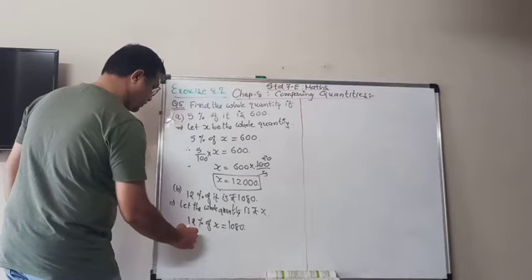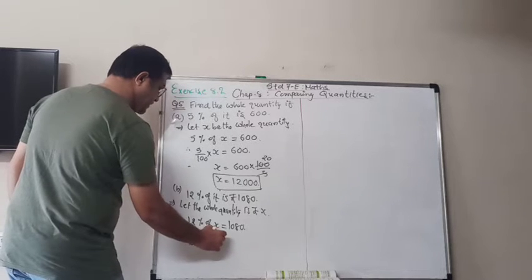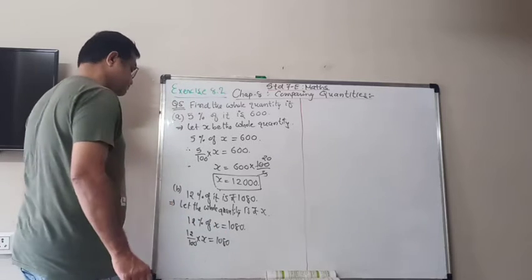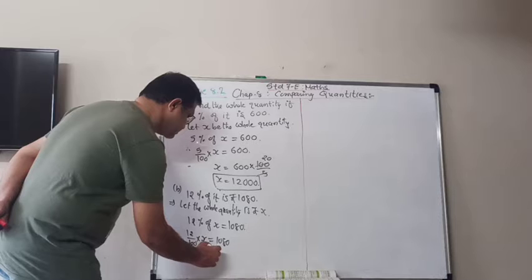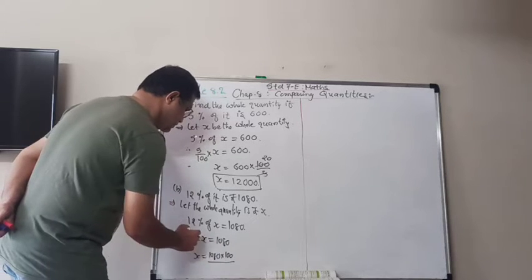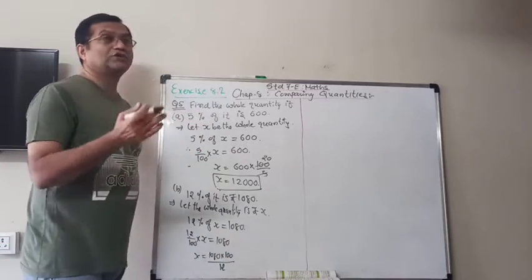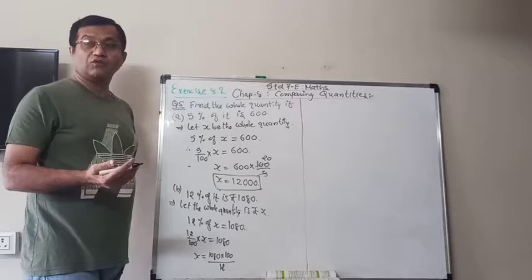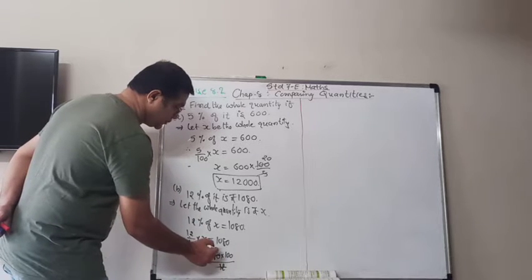So 12 upon 100 multiplied by X is equal to 1080. So X is equal to 1080 multiplied by 100 upon 12. Now if you do the tables, 12 nines are 108, so here you will put 90.